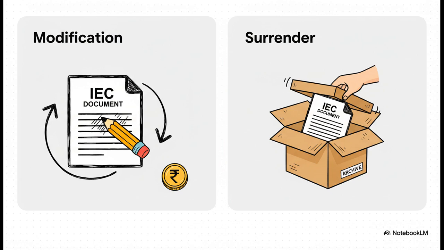If you move to a new office, or you change your business name, or you update your bank details, you'll file for a modification. It's a simple online update, and it costs a small fee of 200 rupees. On the other hand, if you're maybe closing the business or just shifting your focus away from international trade, you can surrender the IEC. This is a formal process you submit to the regional authority to deactivate the code for good. So 2 clear paths for 2 very different business situations.